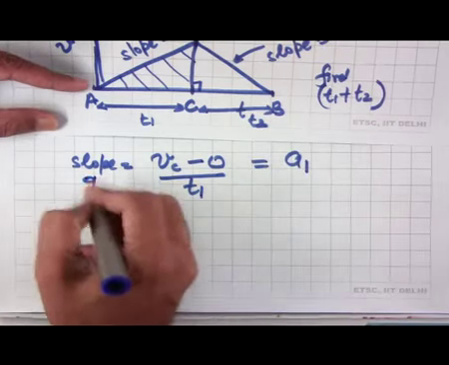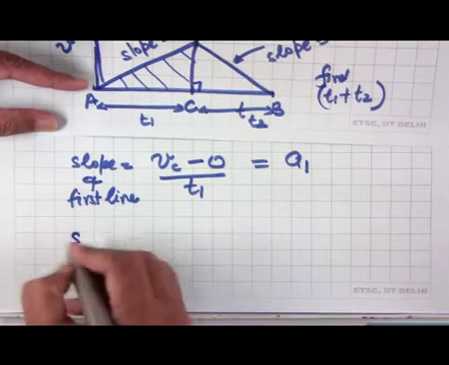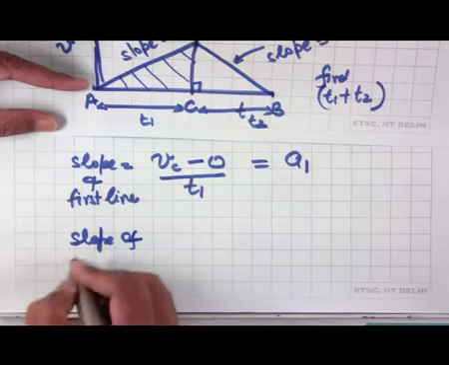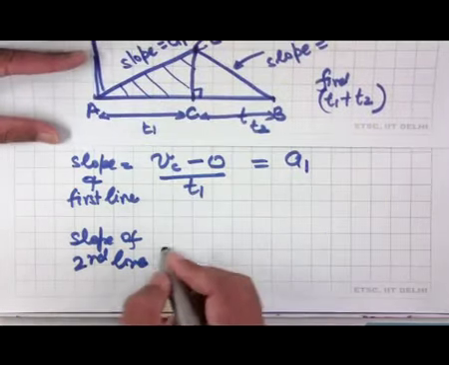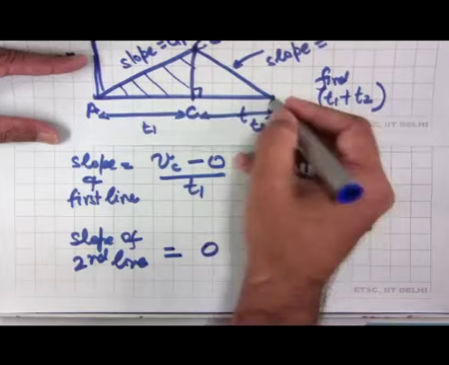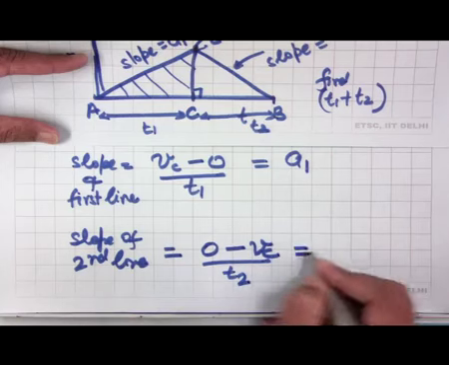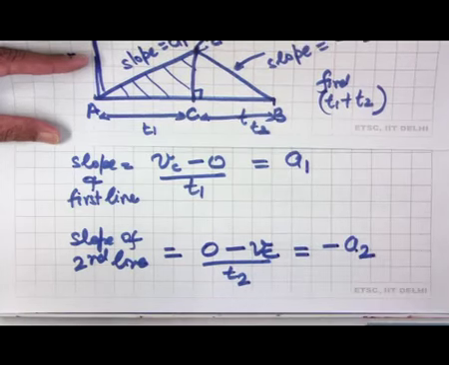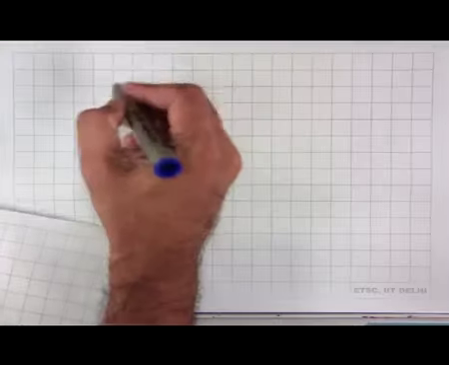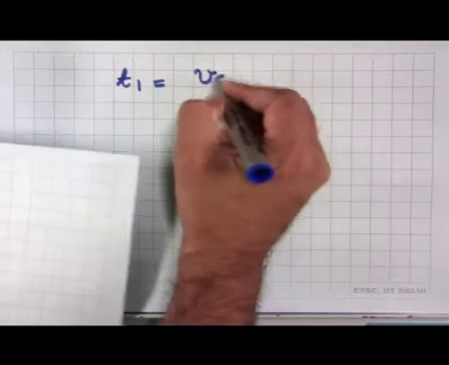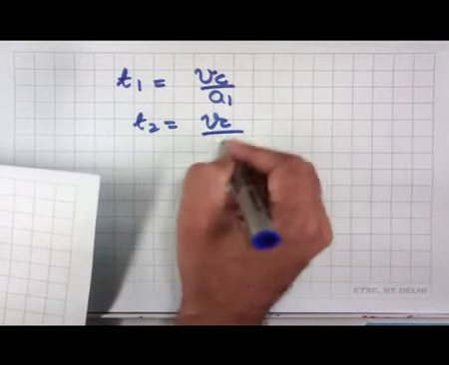This is the slope of the first line, and the slope of the second line, which is basically CB, will be given as 0, the velocity at B, minus Vc divided by T2, and this is equal to minus a2. So, from here when we write this, we get T1 is equal to Vc upon a1, and T2 is equal to Vc upon a2.